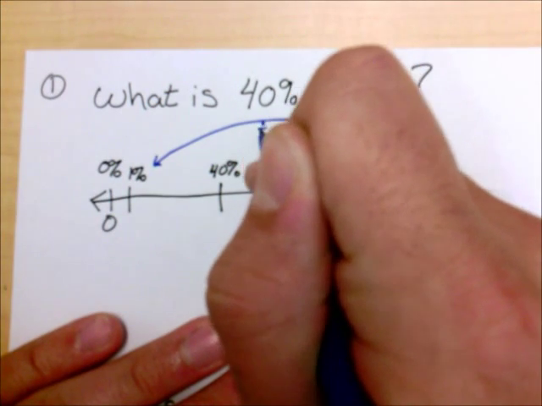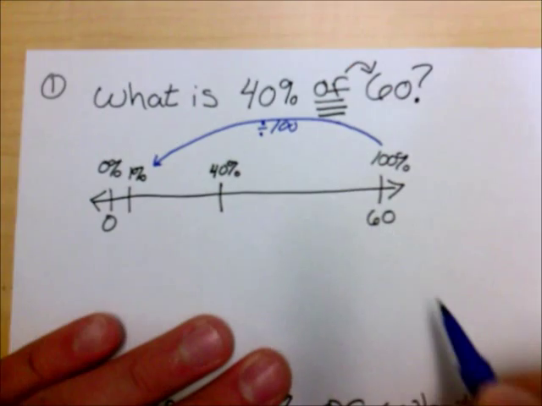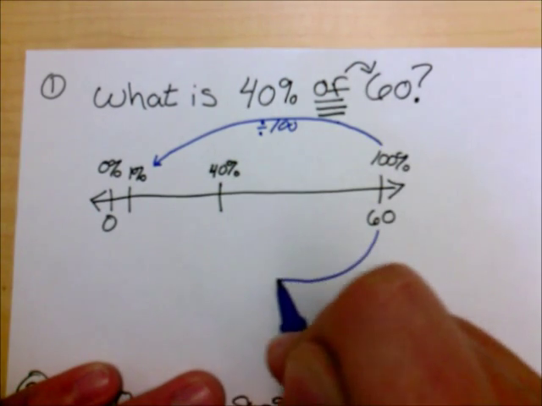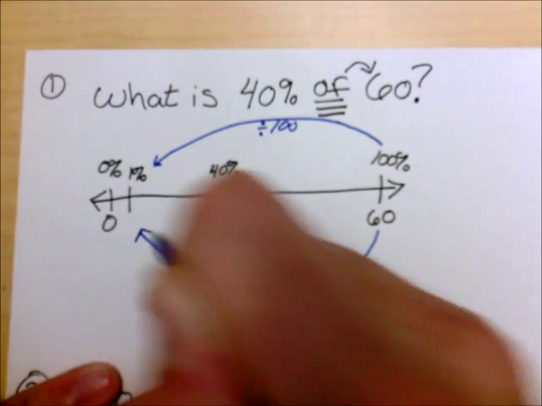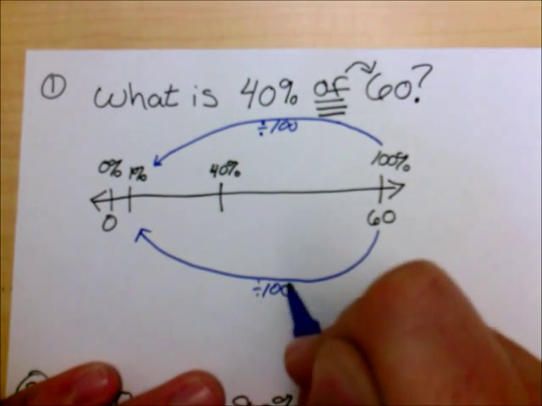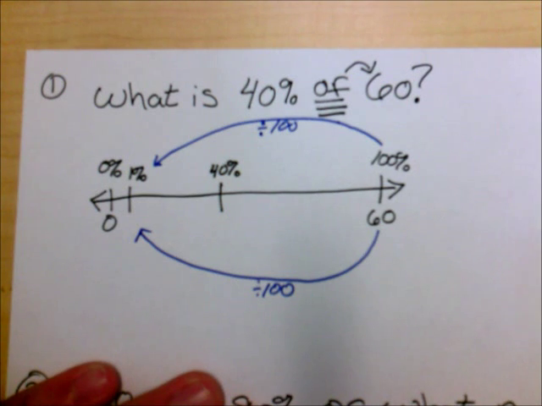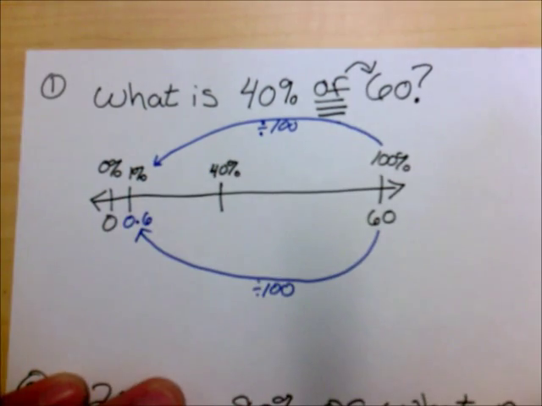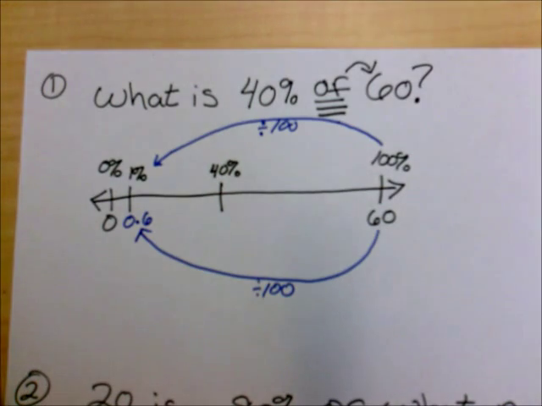I divide by 100. Well, if I divide by 100 on top, I want to divide by 100 on the bottom. And I do 60 divided by 100, and that gives me 0.6. Well, I've gotten down to 1%. I figure out that 1% is 0.6.